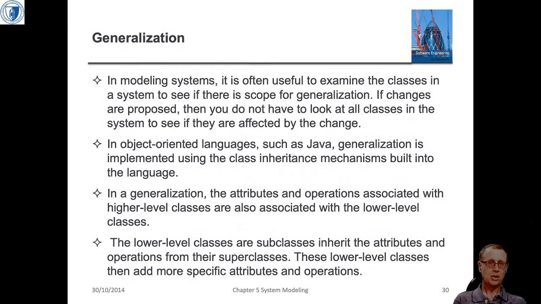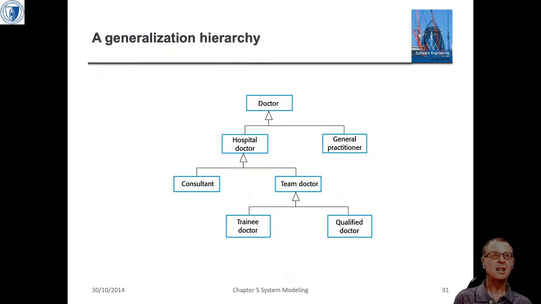Right? And I'm not going to read through this. You can read through the slides as well as I can. But the idea here is that we use this open arrow, or rather unfilled arrow, where the general class is the doctor, but we can be more specific.